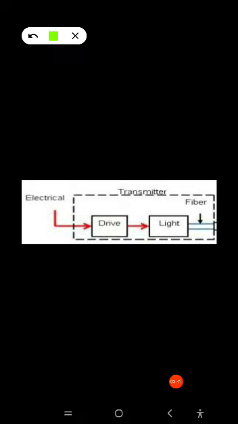Here the data in the form of an electrical signal is applied to the drive circuit. The drive circuit gives the wave carrier to the electrical signal for modulation purpose, and that is applied to the light source.